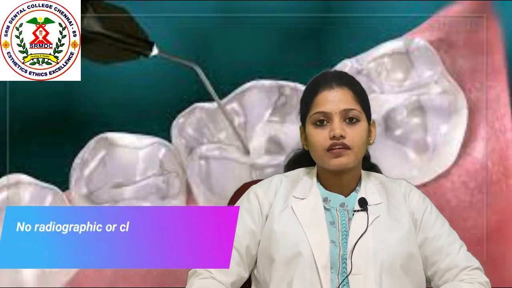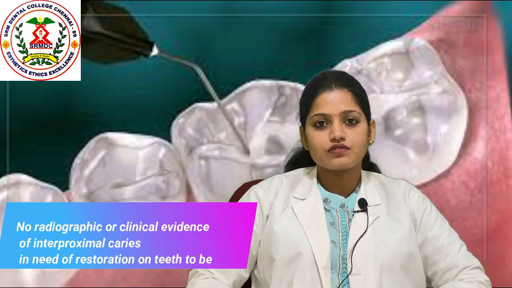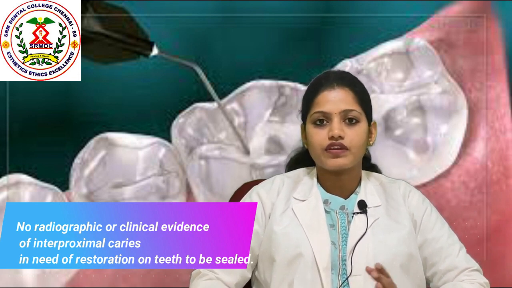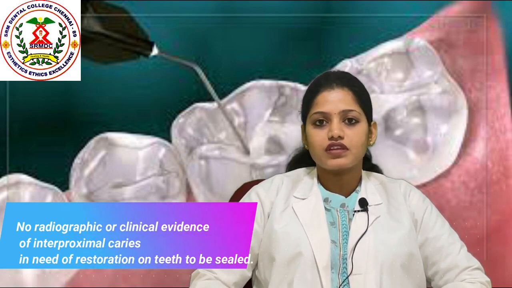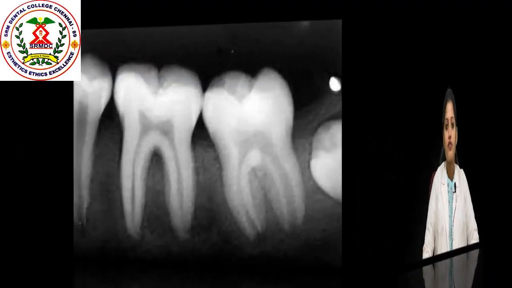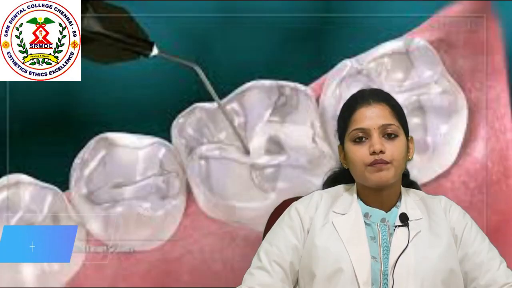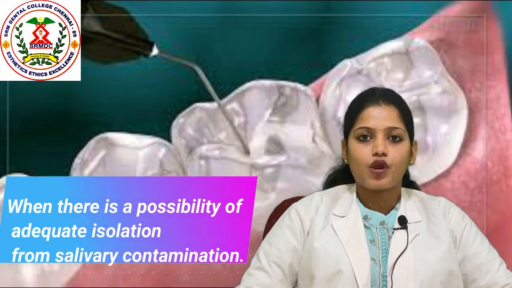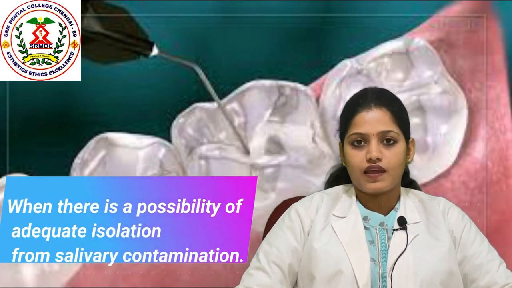And then it is indicated when there is no radiographic or clinical evidence of interproximal caries which needs restoration. And pit and fissure sealant is ideal only when there is a possibility of proper isolation without salivary contamination.